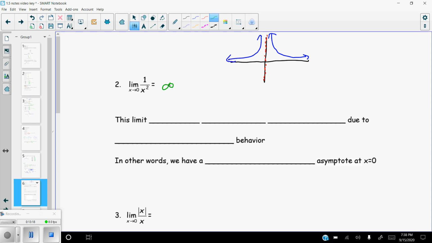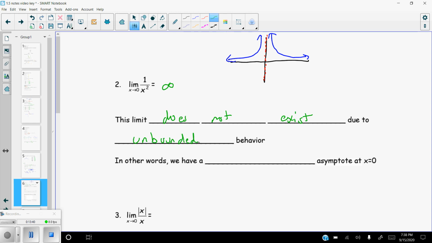But what that really means is that the limit does not exist in the positive infinity direction. In other words, it fails to exist going vertically because it is what is called unbounded behavior.